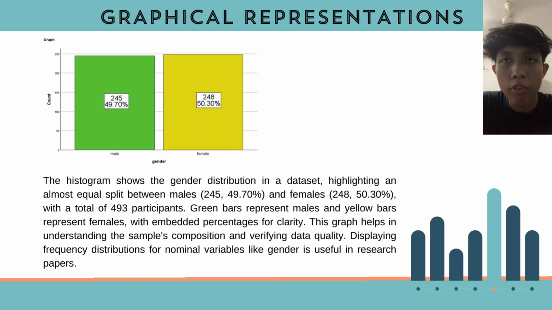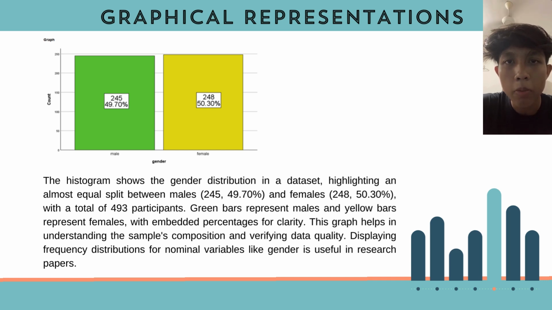Okay, for the graphical representation, the histogram shows the gender distribution in the dataset, highlighting an almost equal split between males, 245, corresponding to 49.70%, and females, 248, corresponding to 50.30%, with a total of 493 participants.